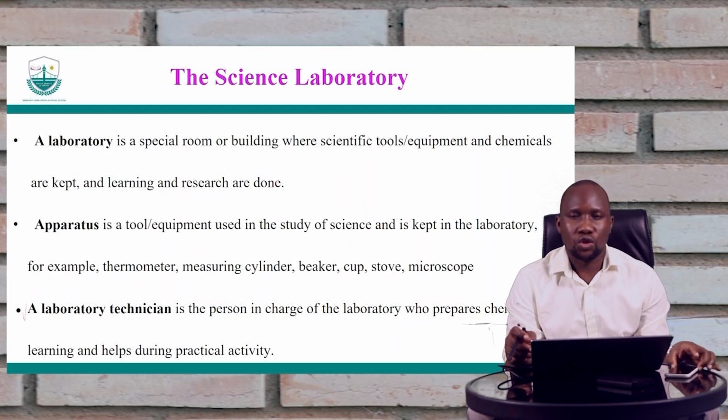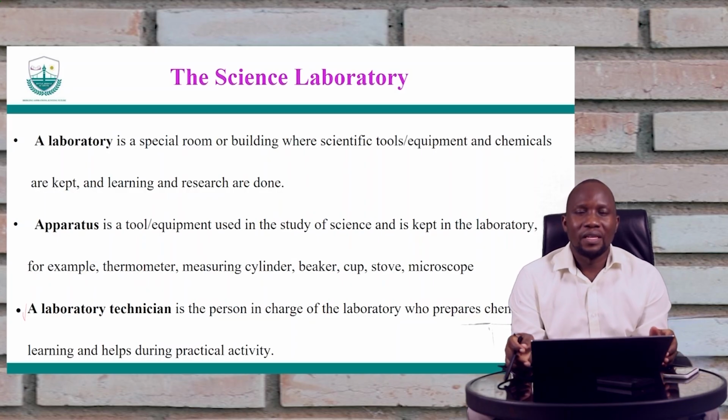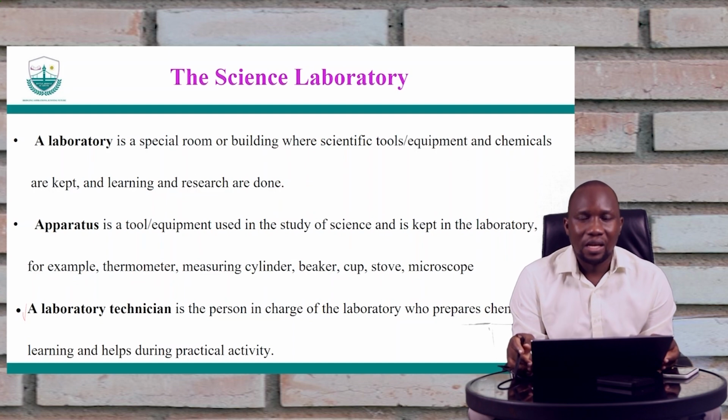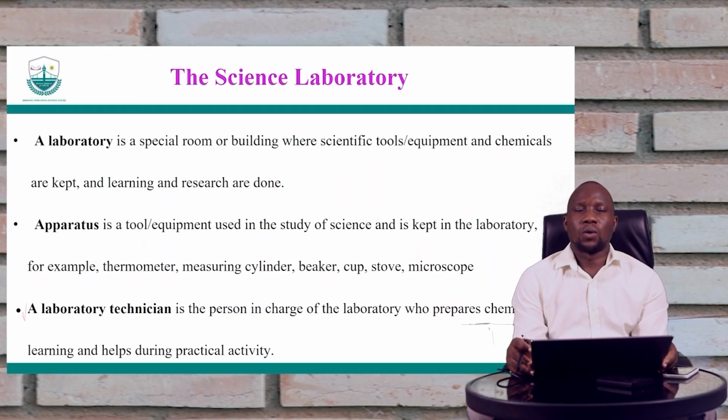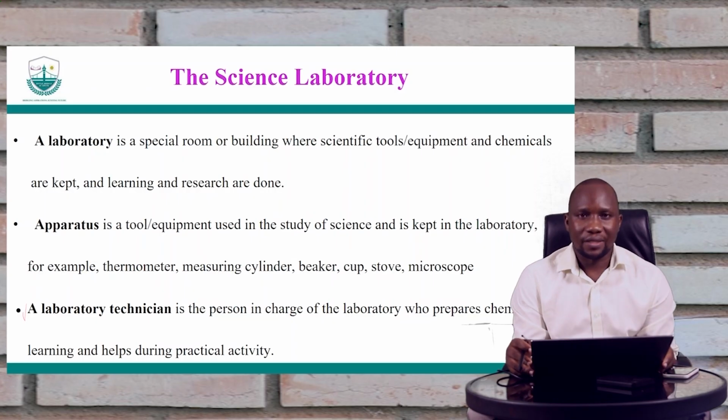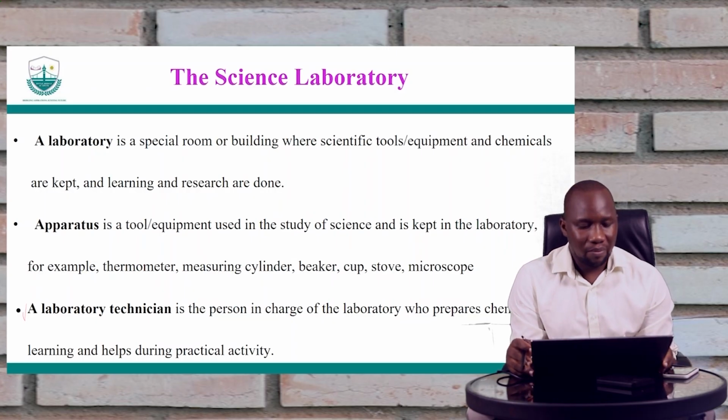He's the one who makes sure that you have the appropriate chemicals in the appropriate containers and they are secure, because when we get exposed to these chemicals, they can cause health problems to us. So the laboratory technician ensures that these chemicals are well secured and safe to use.